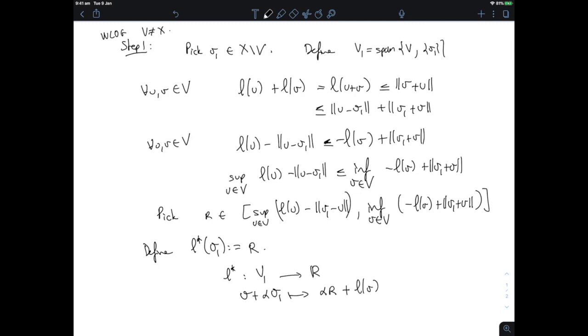Right, so I'm defining it this way for v in V and alpha in R. Okay, that's my definition of L star. That's clearly linear by construction. And it's also clear that L star of little v is L of v for all v in capital V, because a v in capital V can only be written as v plus alpha v1 by taking alpha equal to 0, because alpha v1 is not in V.